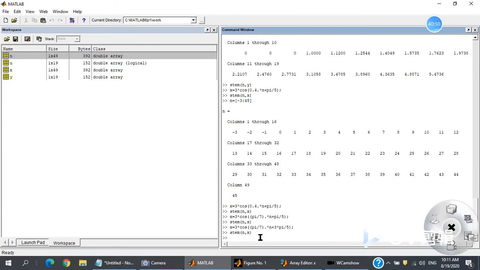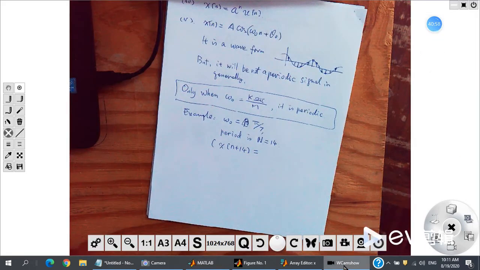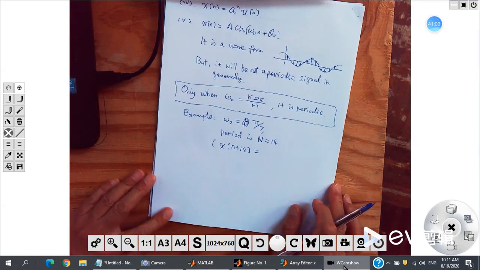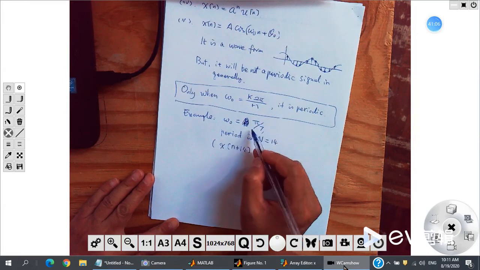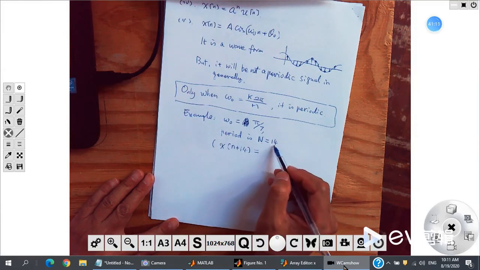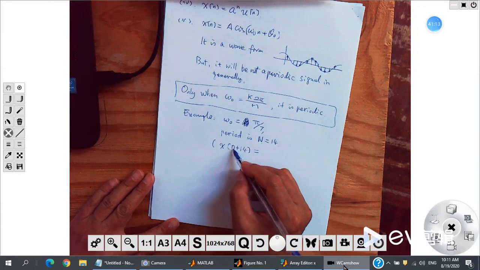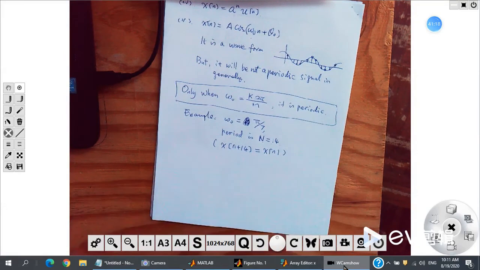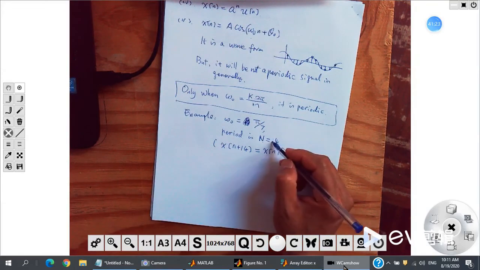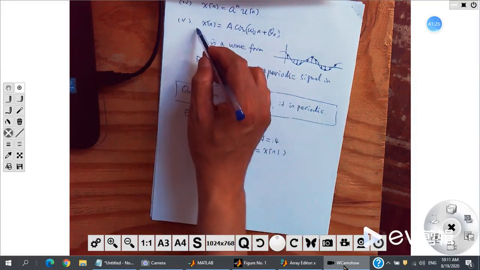That means x of n plus 14 equals x of n. Now we have an example: omega 0 is pi over 7, then the period is N equal to 14. That means x of n plus 14 equals x of n. So this is a periodic signal.